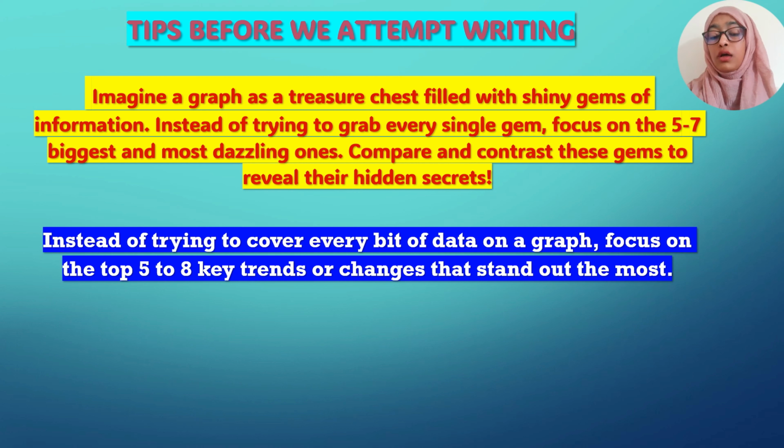Though I know that at the beginning I said 5 to 7, here I extended it to 5 to 8. If you have a graph with a lot of information, definitely you can choose up to 8, no problem. But the list should be 5, not less than 5. So instead of trying to cover every bit of data, sort out the most 5 to 8 pieces of information and then use them to illustrate your writing.